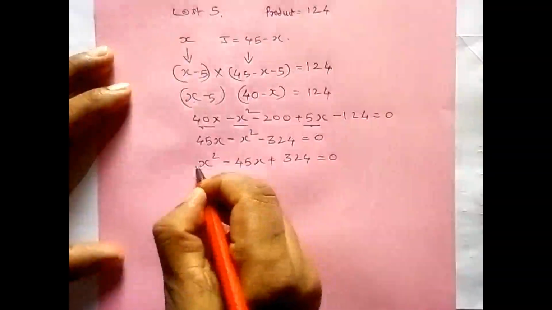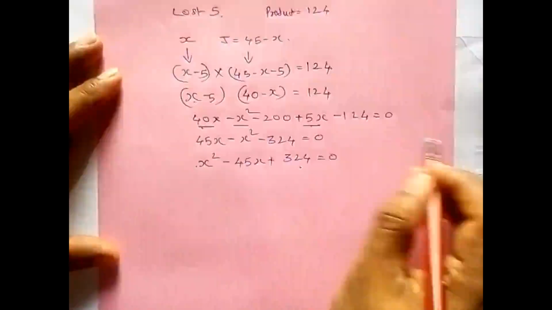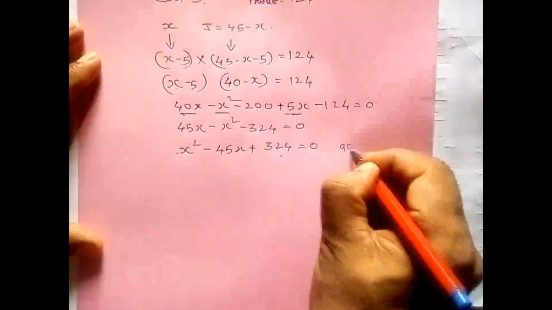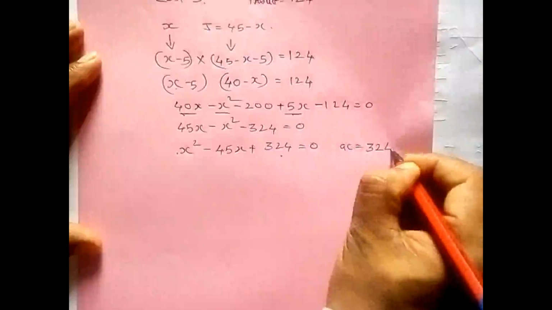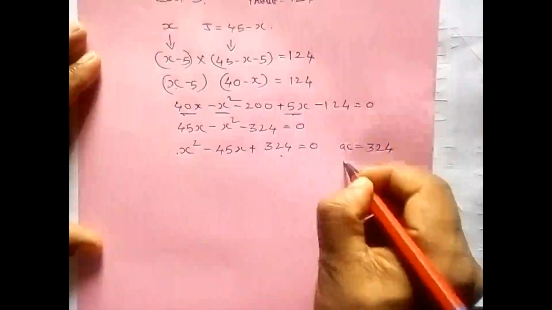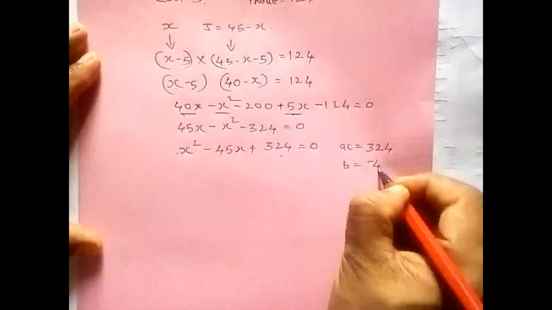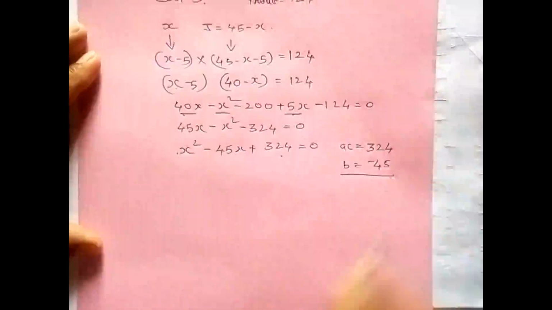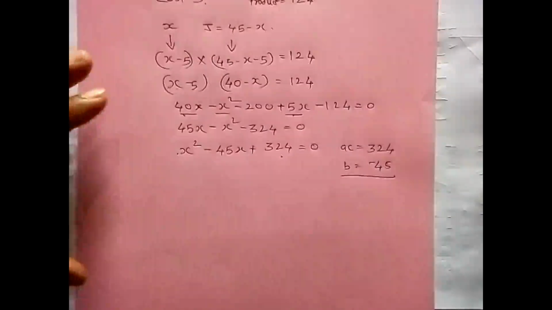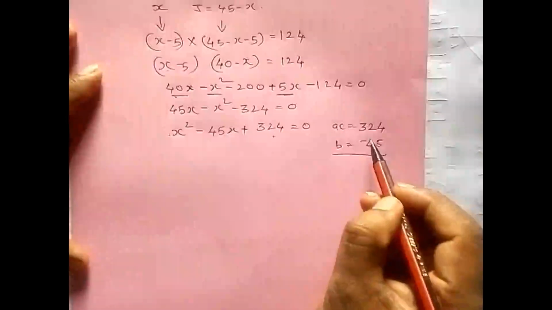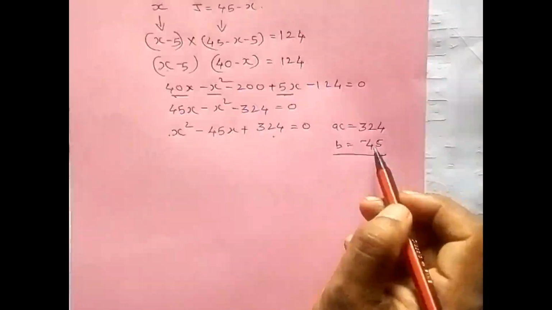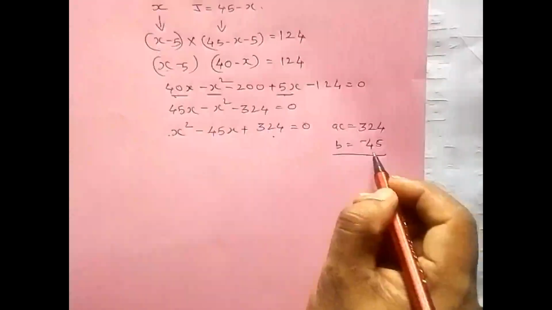So we have a equal to 1 and c equal to 324. So ac equal to 324 and the value of b equal to minus 45. We need to find two numbers such that the product is 324 and the sum is 45.